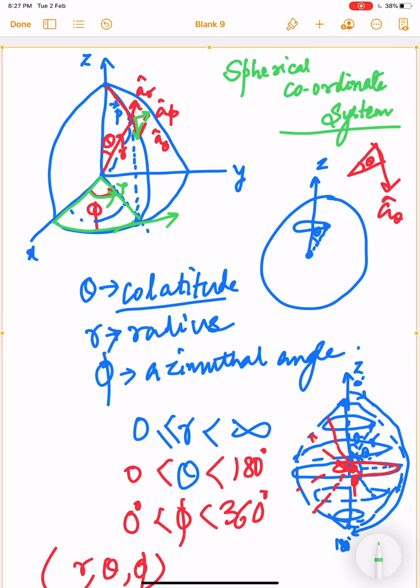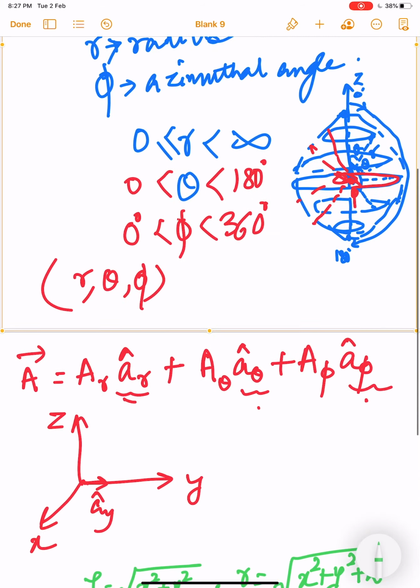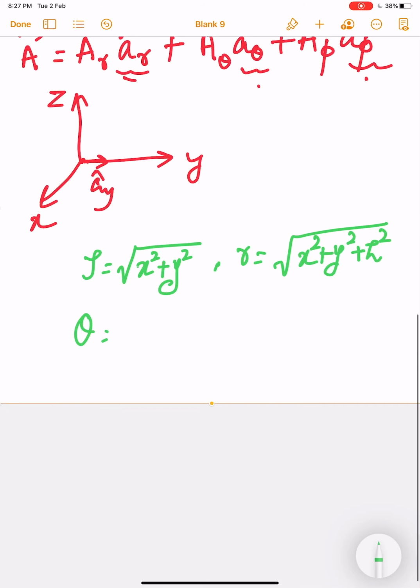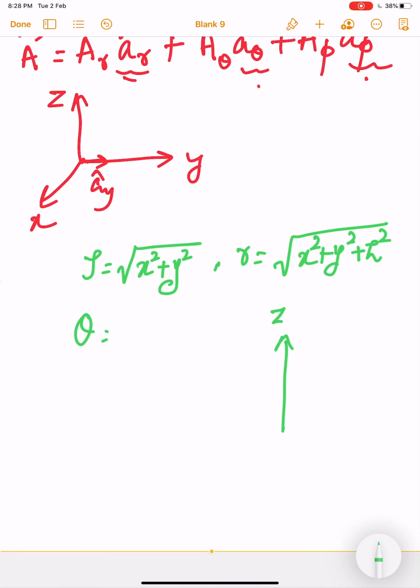Let's see what theta can be. Basically this is theta, this is r. Suppose this is my z axis, this is my rho. Rho is basically the drop down of position vector p on the xy plane.